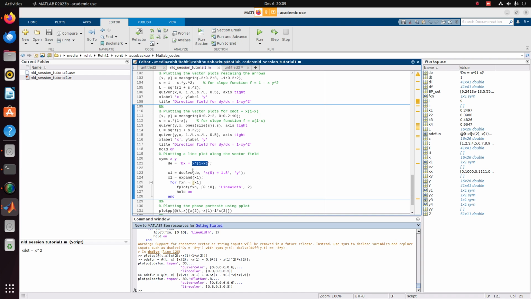And if you consider this equation, x1 is equal to the solution of the derivative, that is dsolve, with the initial condition x0 is equal to 1.8 I consider here, and the y variable is what it will be solving for. Similarly, the expand option will give you the solution of this x1 and it will plot here.